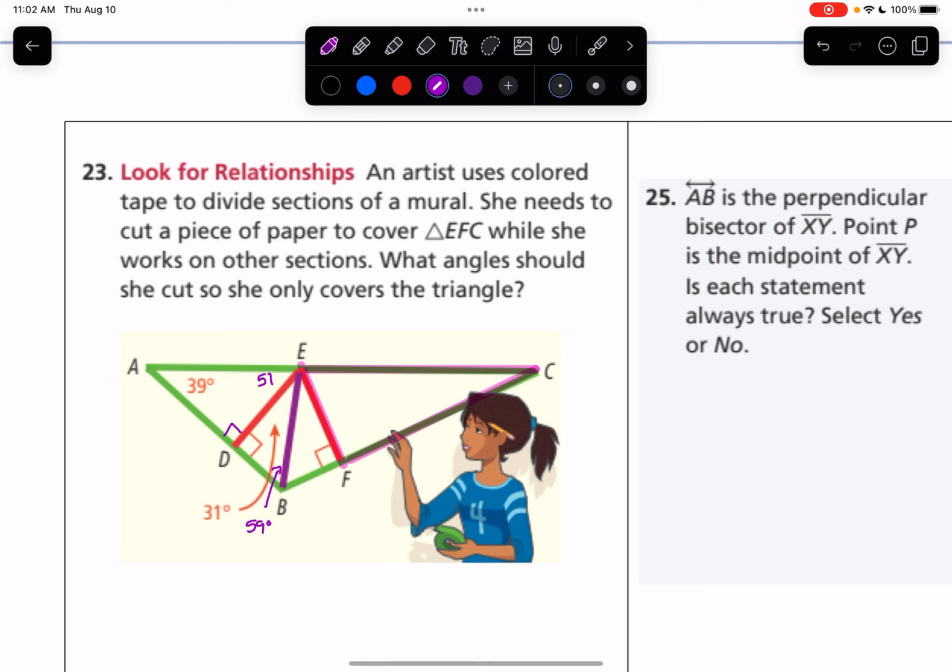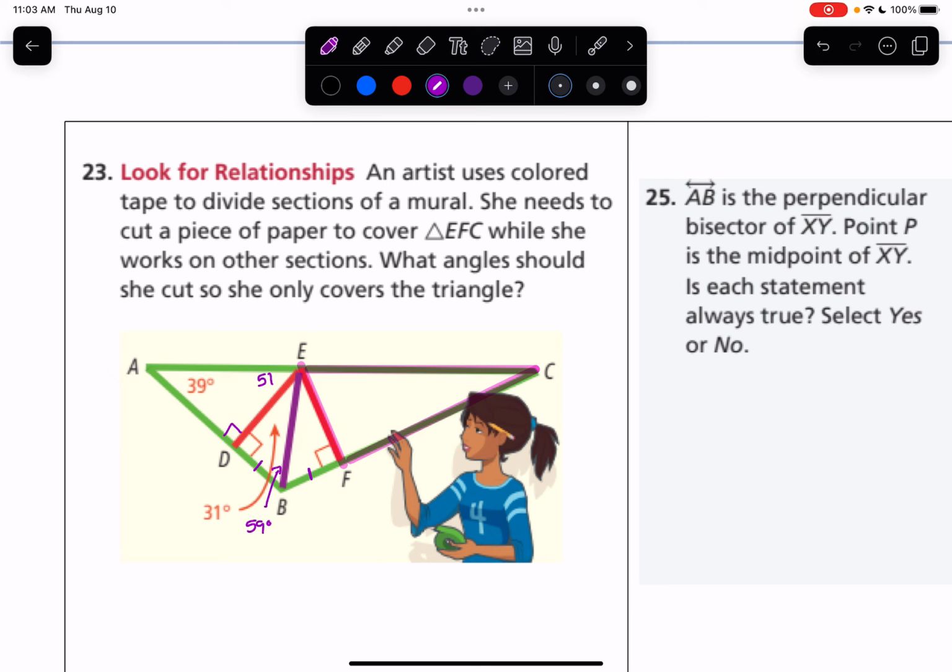So this angle down here at B is 59 degrees, okay? So then what we can do is we can say, hey, these angles are going to be bisected. I think that this problem might actually be missing a little piece of information unless I can't find it somewhere, which is that these two sides are the same length. Because if those two sides are the same length, of course, that means that our angles are bisected and our triangles are congruent.